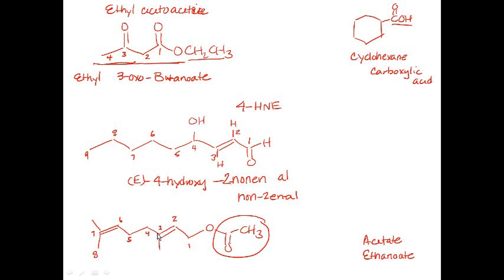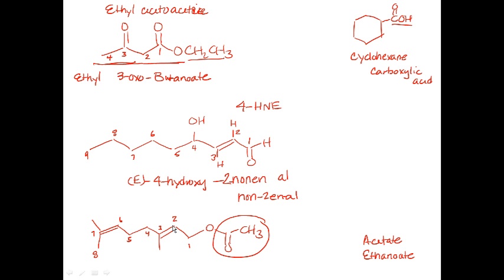So there's double bonds between carbons 2 and 6. There are methyl groups at 3 and 7. And there's actually one stereochemistry on the double bond that is between carbons 2 and 3.